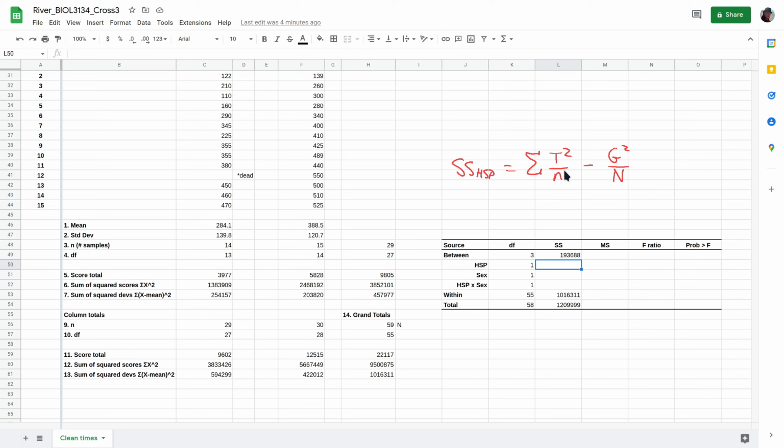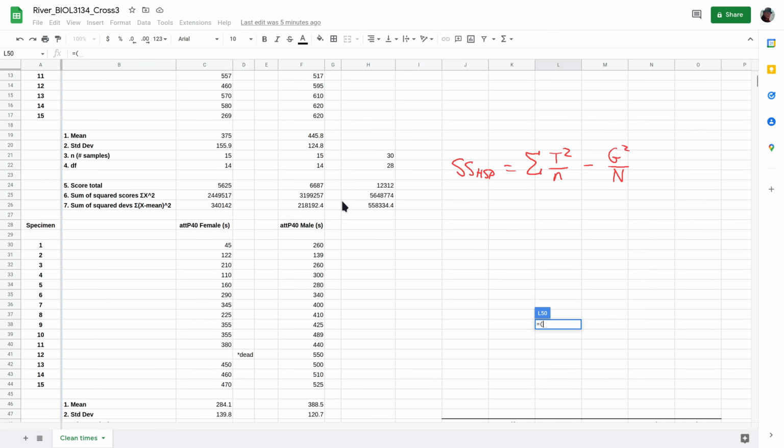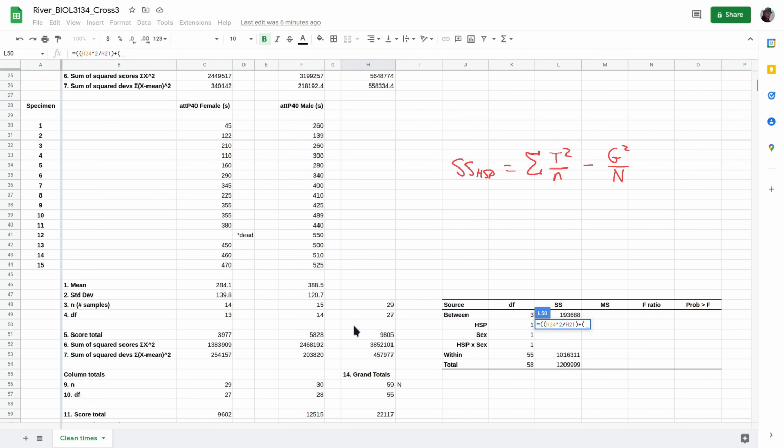We'll start with the rows. This is equal to, and we're going to have some nested parentheses here, our score total from row 1 squared, the row total 1 squared divided by the n for that row, plus the same thing for the other row.